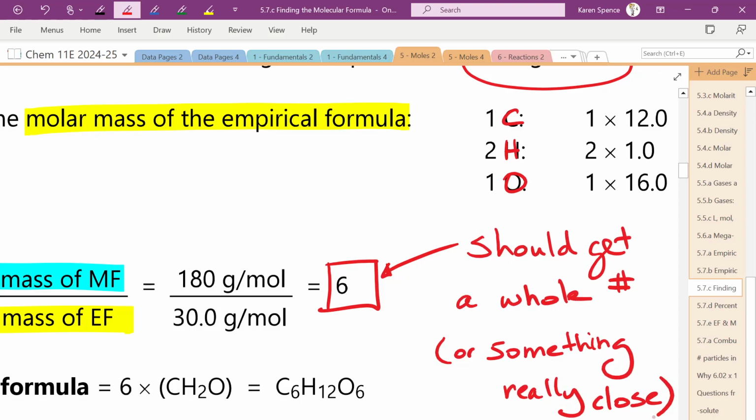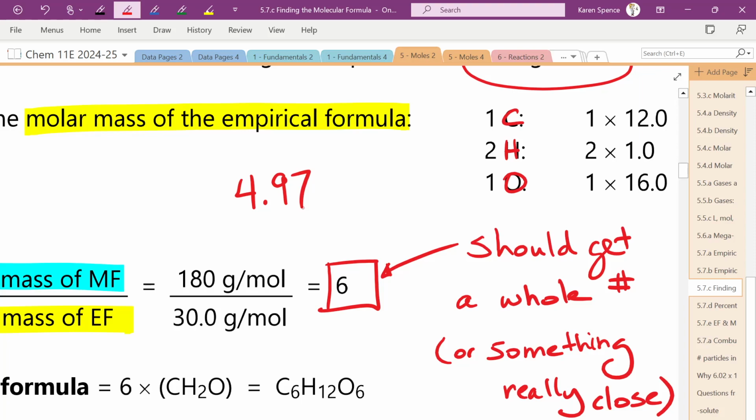So if you're getting something more than about 0.02 away, it'll be obvious. You'll be like, oh, I've got maybe even 4.97. You can be like, that's a 5. That's good, right? You're close enough. But if you start getting 0.05 away, you might be like, I mean, I'm going to make my numbers nice for you.